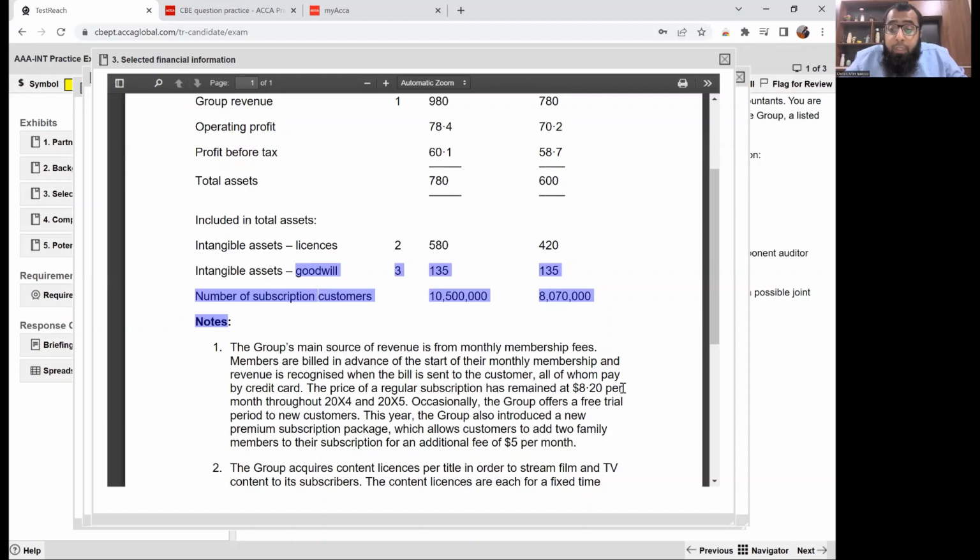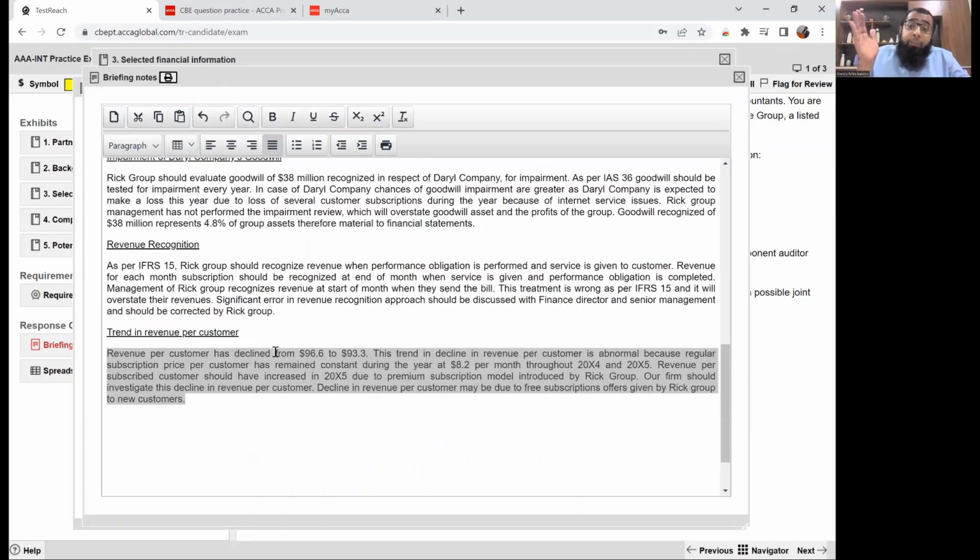Then here it was written that the price has remained constant throughout the year. Now, when we calculated it, it declined from 96 to 93, which is abnormal, which is questionable. So this trend in decline in revenue per customer is abnormal because the regular subscription price per customer has remained constant during the year at $8.2 per month throughout 2004 and 5. So in both years, the price was constant.